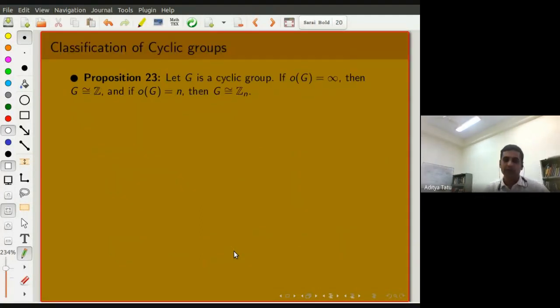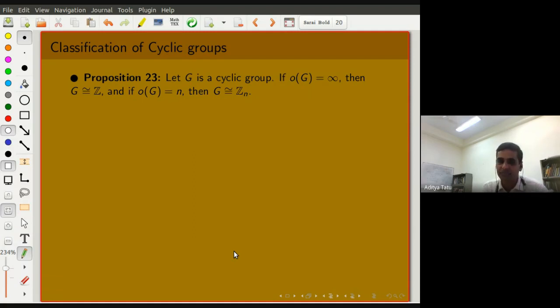And using this isomorphism, we can reduce the study of several different examples to the study of only one example. So in particular, if G is a cyclic group, then rather than studying that particular example that is given to you, we can replace it by looking at only the set of integers or set of integers modulo n, as the case may be.